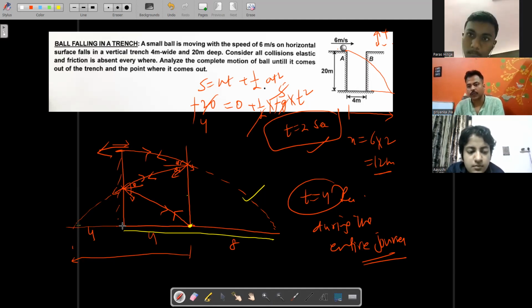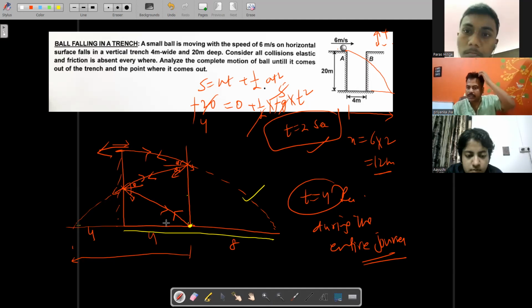If this wall was not here, it would have gone 4 meters further, but because of this wall, it will hit again and come back. Whatever path it will follow will be the mirror image of this path. So this is 4, and again this will be 4, and it will come and strike at the corner of the trench.